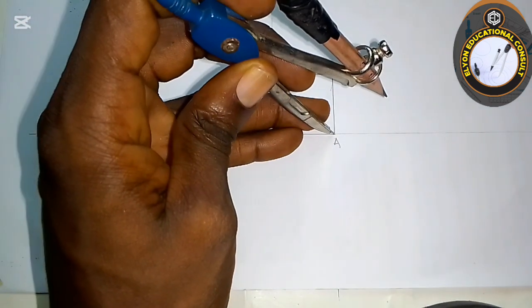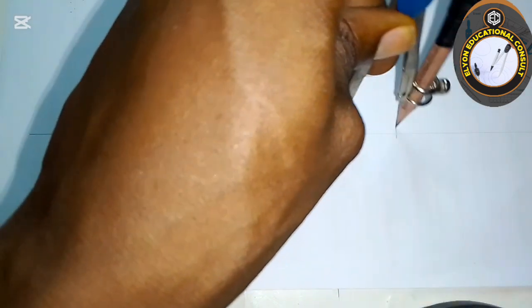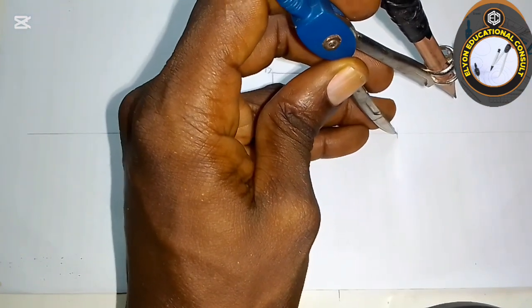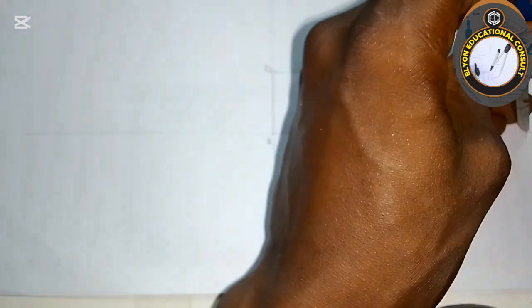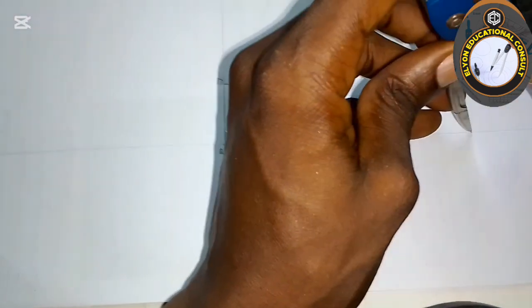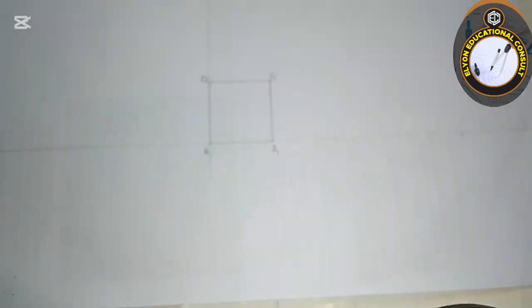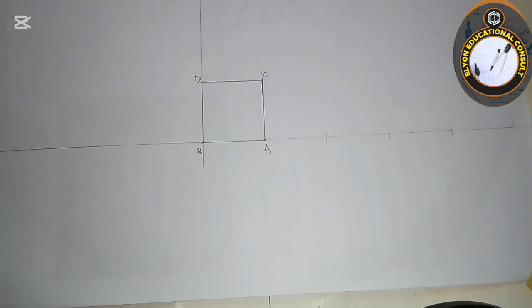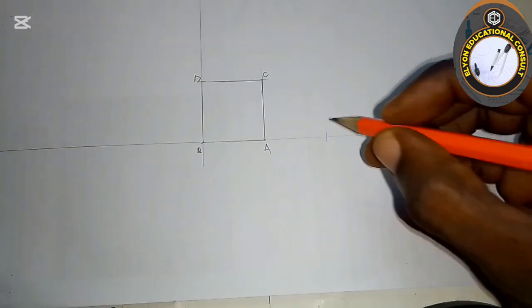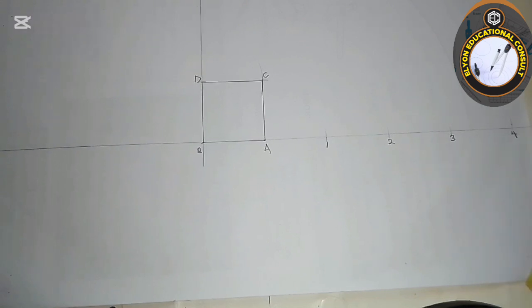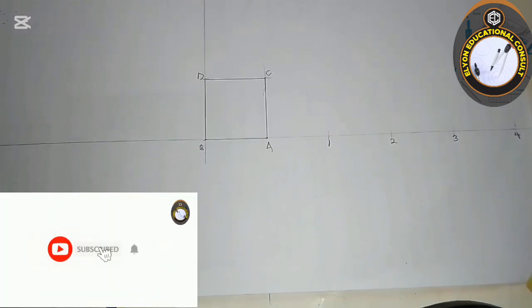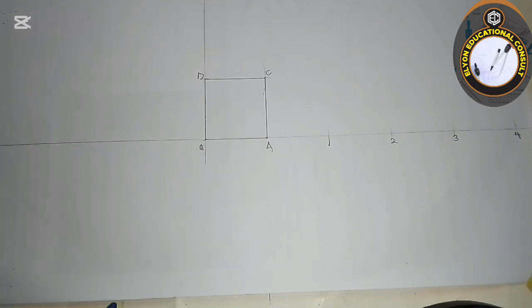I'm going to spread it out like this 4 times because the square has 4 sides. So that is 1, 2, 3, and then 4 this way. So we spread it out that way. The next thing we are going to do is extend this line.